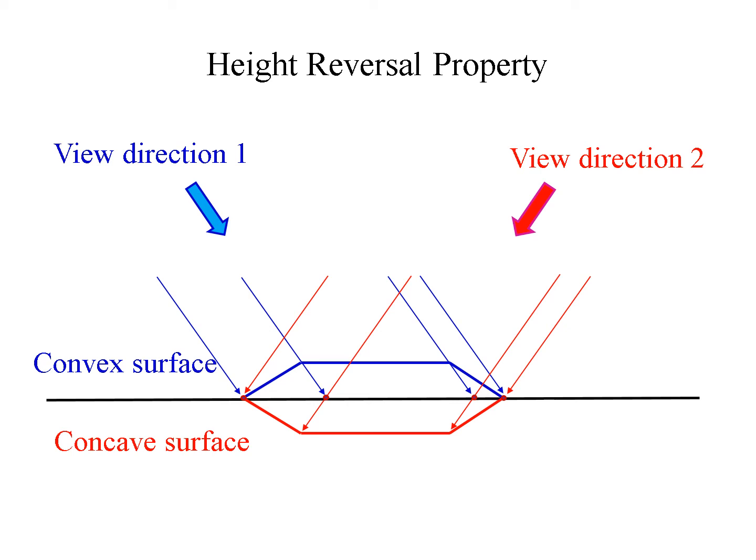Suppose that we have a picture on a horizontal plane and see it from mutually opposite two directions, 1 and 2. Then the picture is perceived as two 3D surfaces that are mutually mirror symmetric with respect to the picture plane, as shown by the blue surface and the red surface. One is a height reversed version of the other.